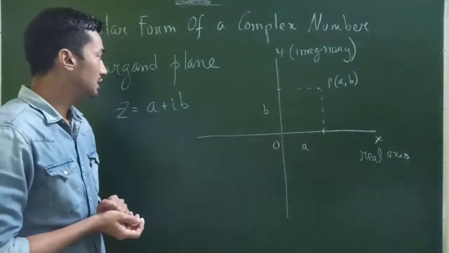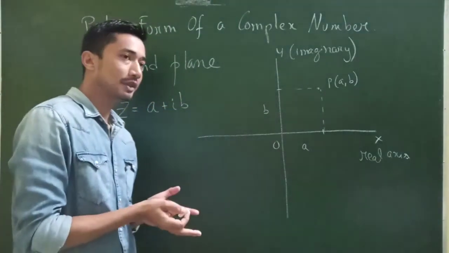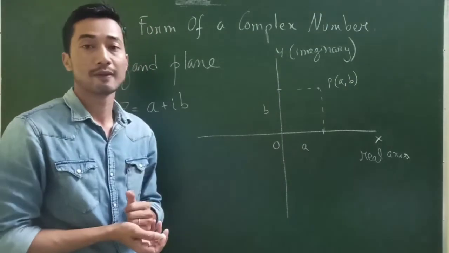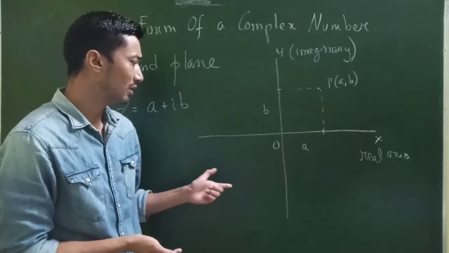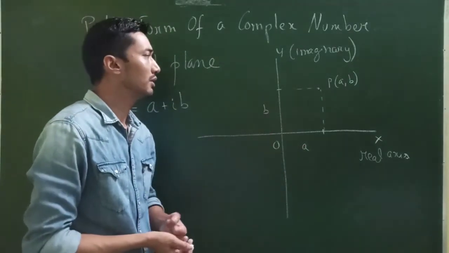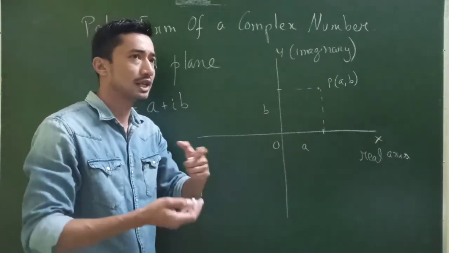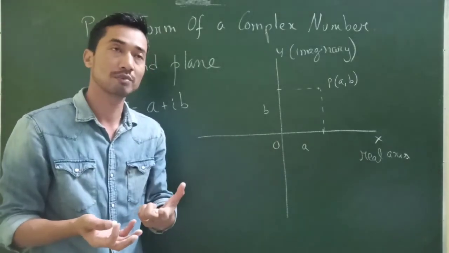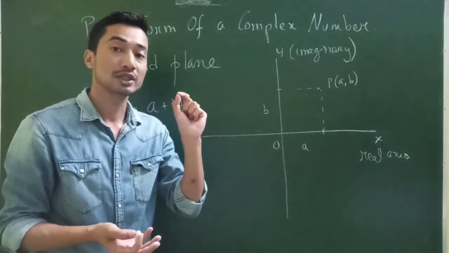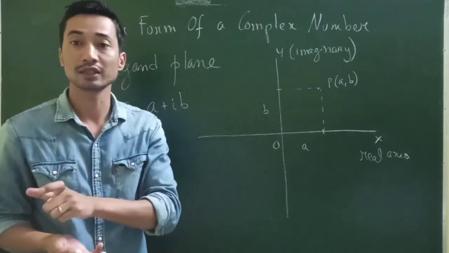Now the question is, can there be another way of representing or plotting the point P without using the normal coordinates, like a units from the origin and b units towards the y-axis? Can there be other ways to locate a point in space? The answer is yes, there is another procedure.